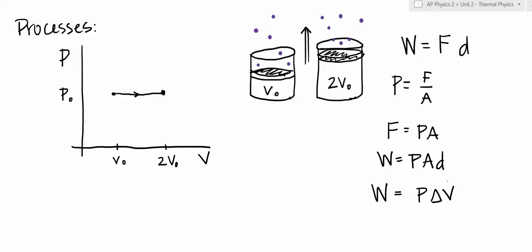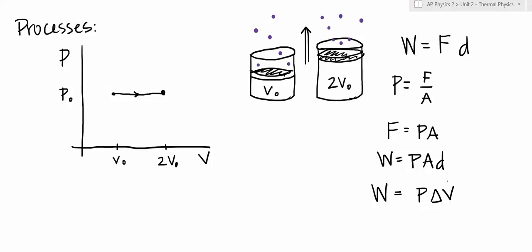So the work done by the gas on the surroundings is positive, because the piston pushed up on the particles, the little purple particles in my picture. The piston pushed those up. So the gas inside the container did positive work on the surroundings.